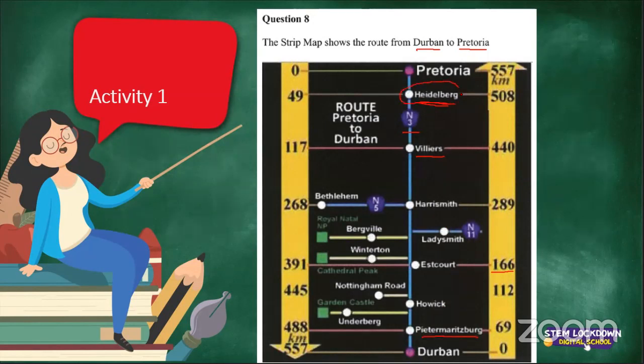Can anyone tell me what is the distance between Pietermaritzburg and Heidelberg? Just write in your chat. I'll give you a couple of seconds, maybe 30 seconds. What is the distance between Heidelberg and Pietermaritzburg?